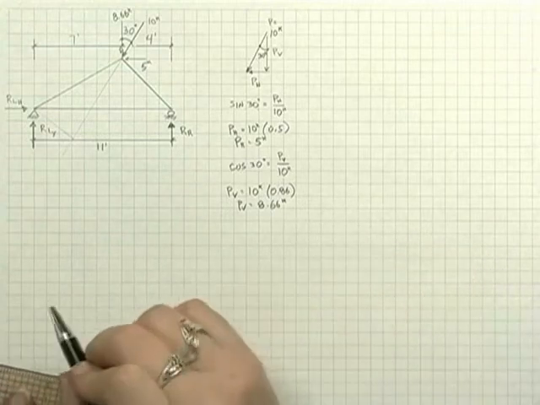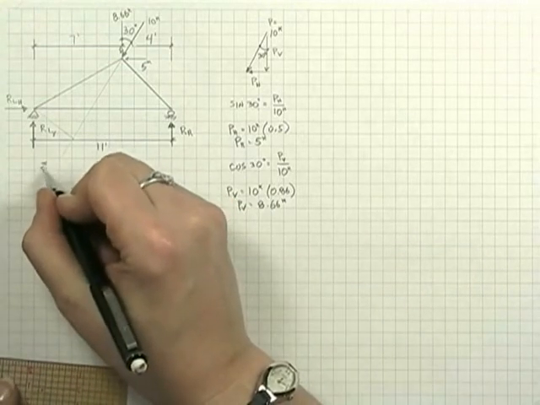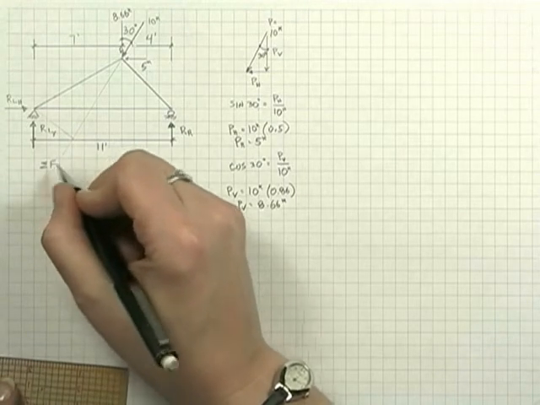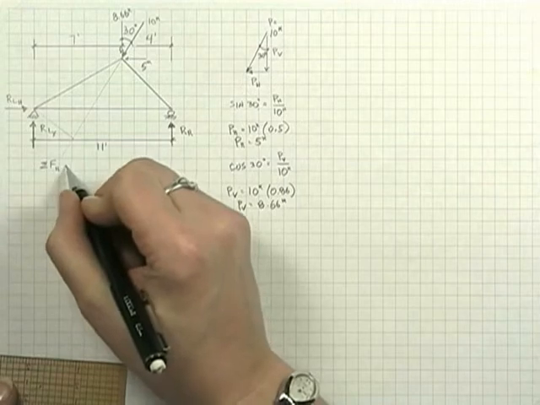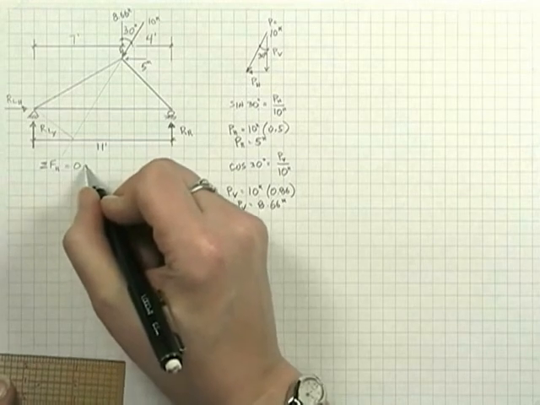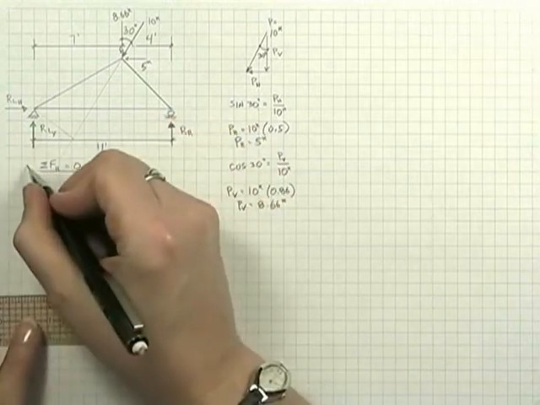We complete the same calculations as we do for any problem, starting off summing forces horizontally and vertically. So if we do the horizontal force first, it's our simplest one. We call forces to the right positive.